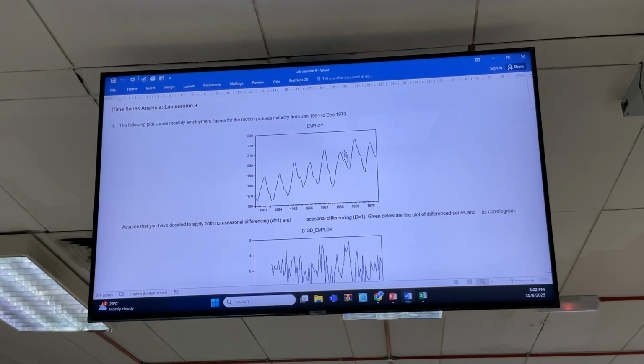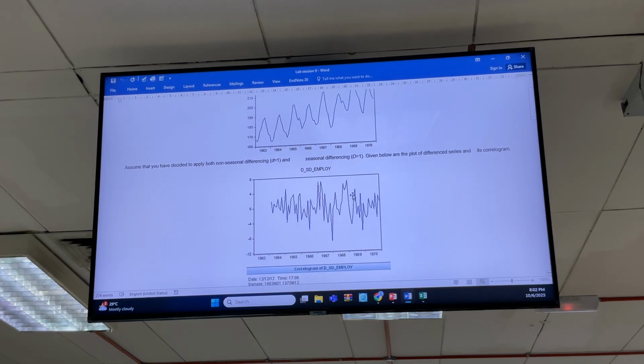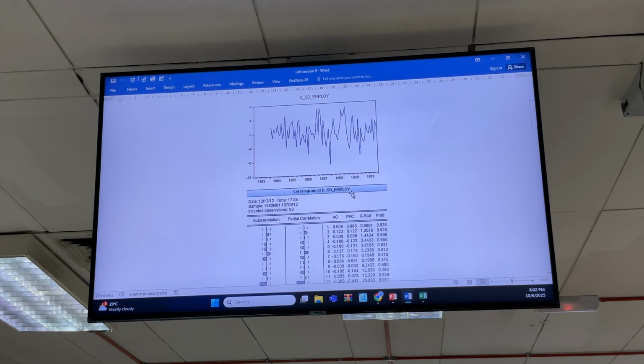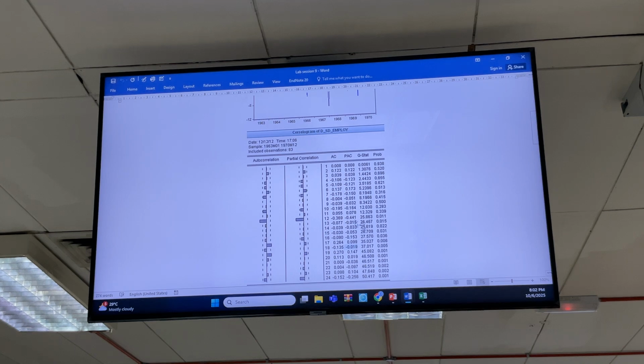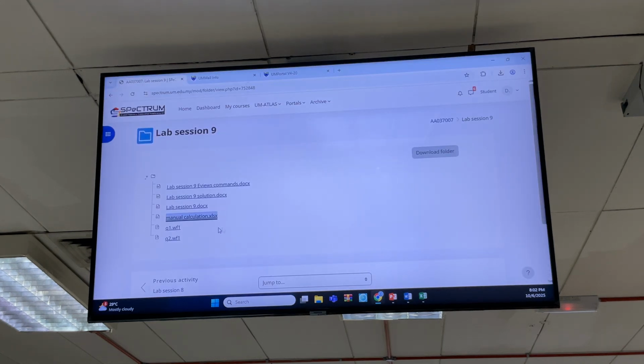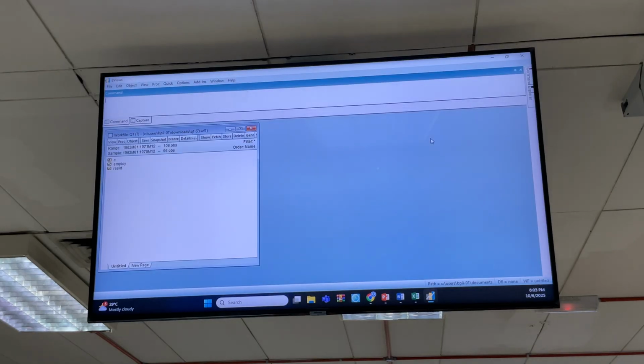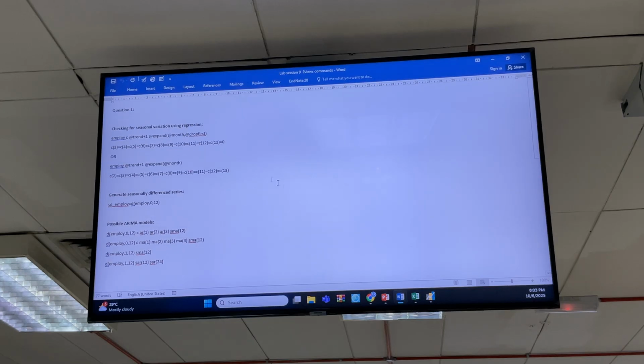The first example is the employment data. If you apply both seasonal and non-seasonal differencing, you then identify potential models by inspecting the data given, the data for question 1. Inspecting the employment data for seasonality I leave to you as homework.